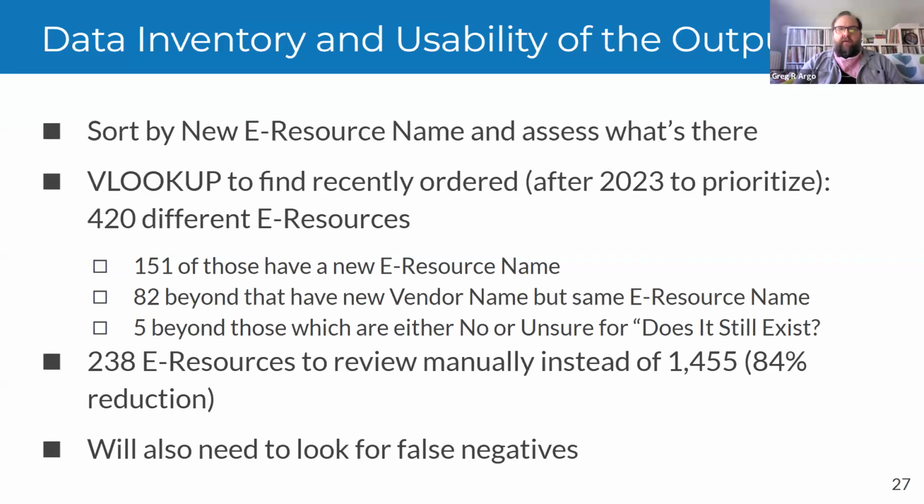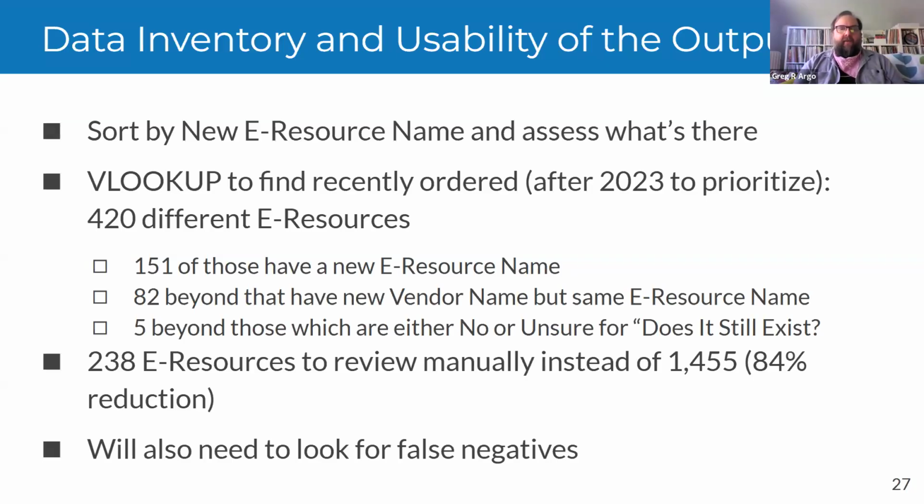So I used VLOOKUP to find recently ordered. We weren't able to actually export the order dates with the original data, an artifact of the homegrown system or me not being smart enough to use it correctly. But anyway, I can still do a little VLOOKUP.